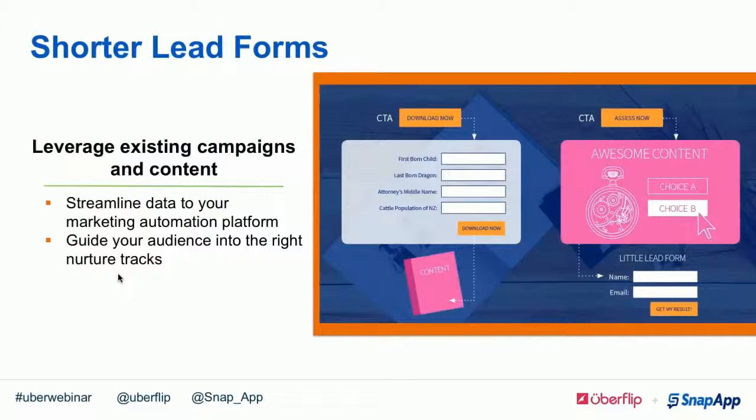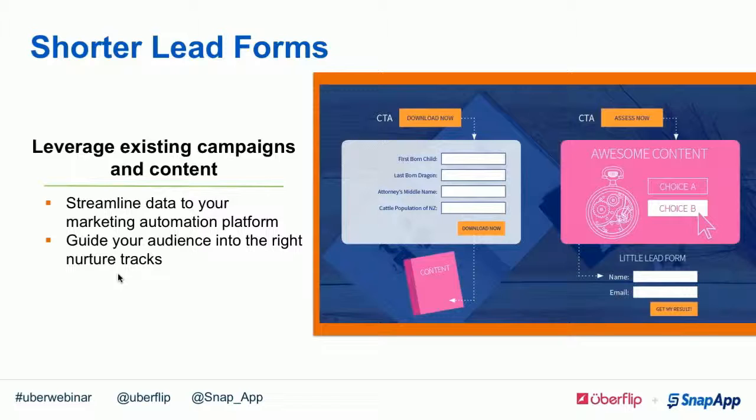The first thing that I think is pretty cool about this idea of adding interactive content to your ebooks or to whatever content you have is this idea about getting rid of the lead form, or at least de-emphasizing it. For a lot of us, we put lead forms up and our content is gated behind it. And the reason why we put our lead form first is because, hey, we need to know who you are.